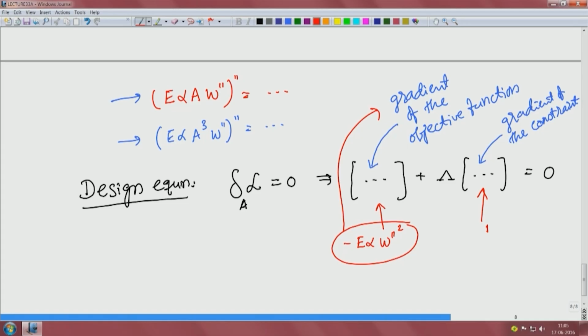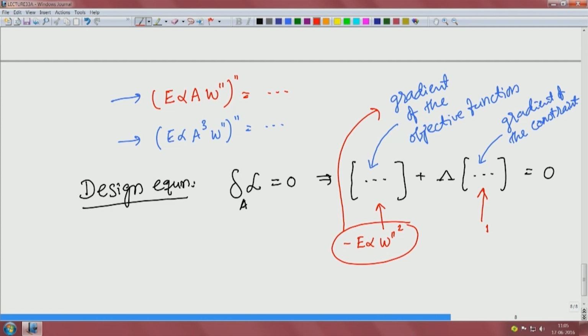If you take the derivative of that integral at a particular a of x, okay, a of x is a function, let us say at a particular value of x, if you change only there, at what rate does the objective function change is given by this expression.